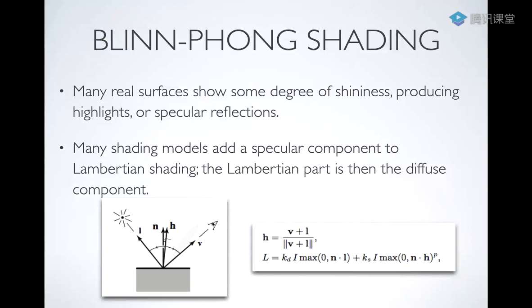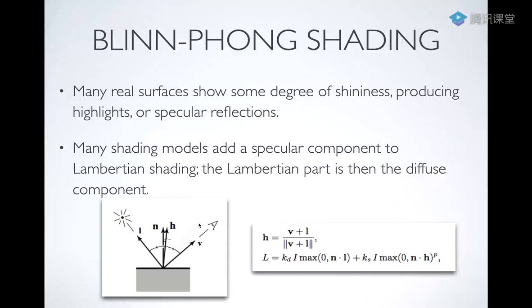If your eyes or your view direction is close to this reflection angle, you might see a very bright area. But if you leave this direction a little bit, you will see the shading drops greatly and quickly. This is called the reflection lobe.